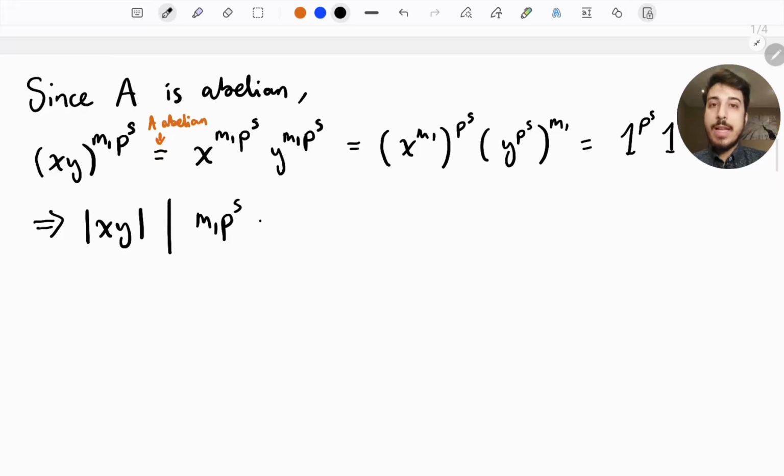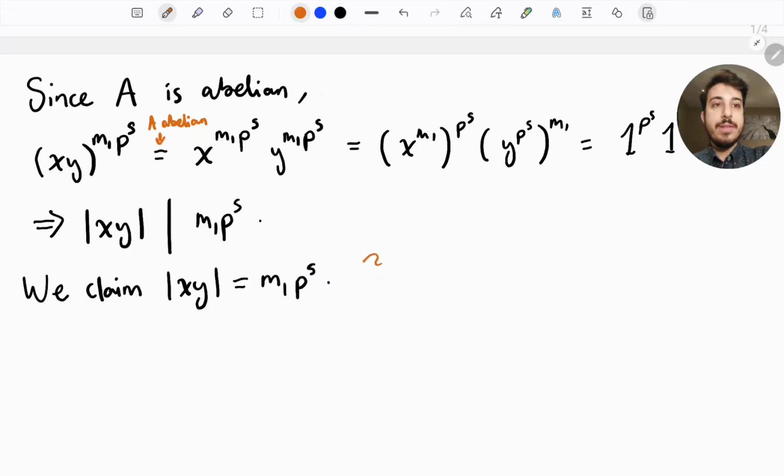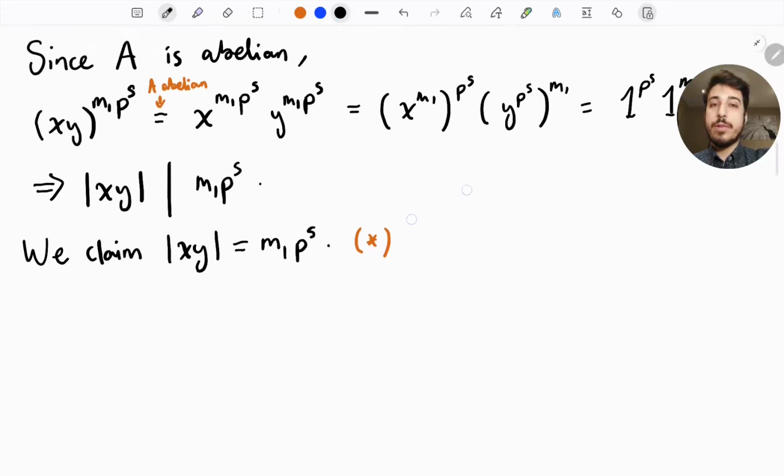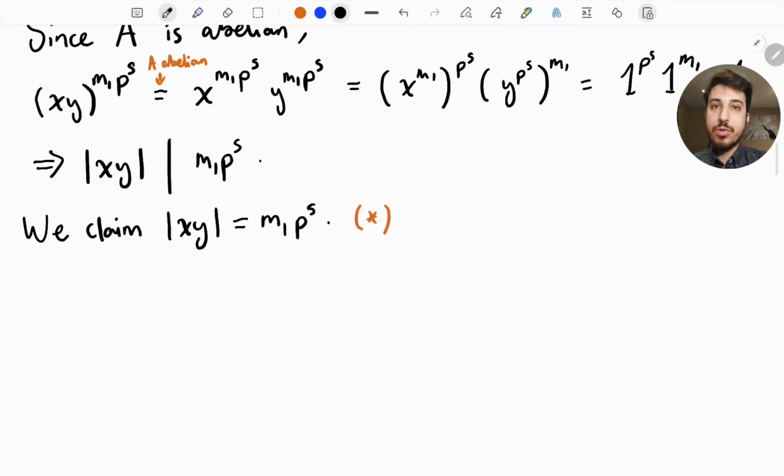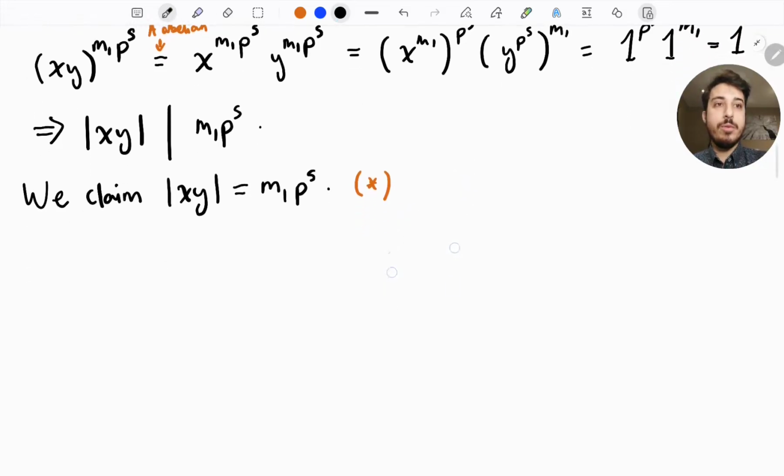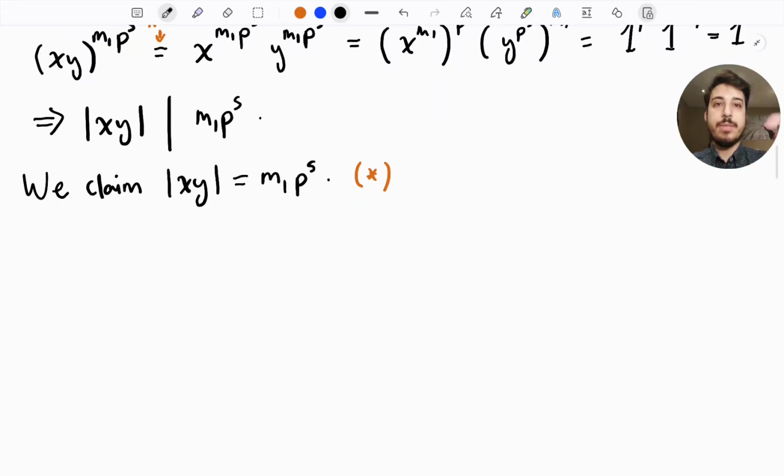Now I will claim a statement that says that this not only divides m1 p^s, but it is equal to m1 p^s. And I will prove this later on. But for now, I will suppose it is true, and I will move on based on that supposition.